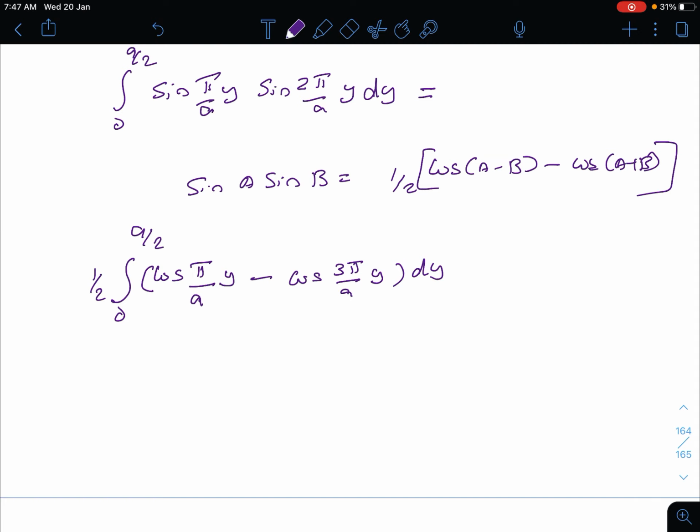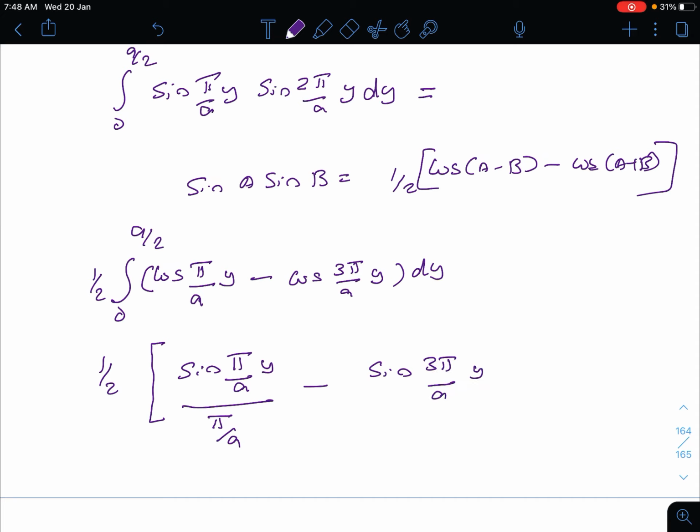On integration, you will get sin pi by a y divided by pi by a, minus sin 3 pi by a y divided by 3 pi by a, from 0 to a by 2.